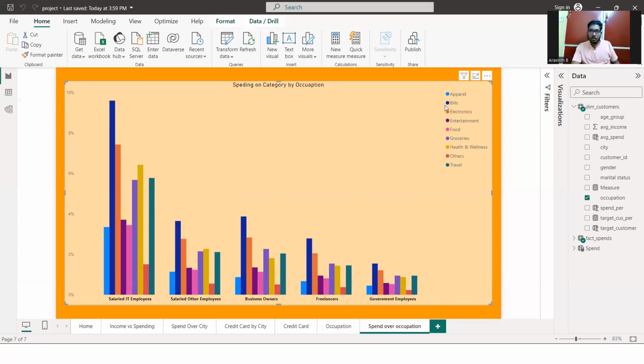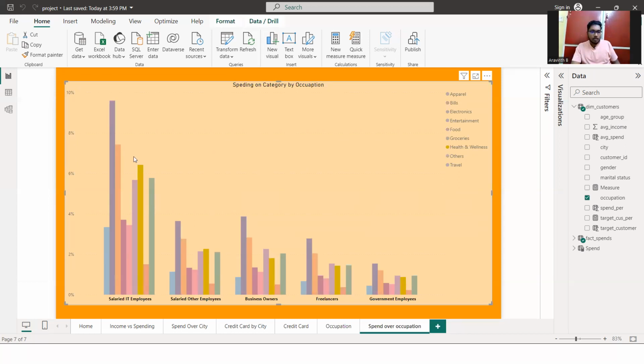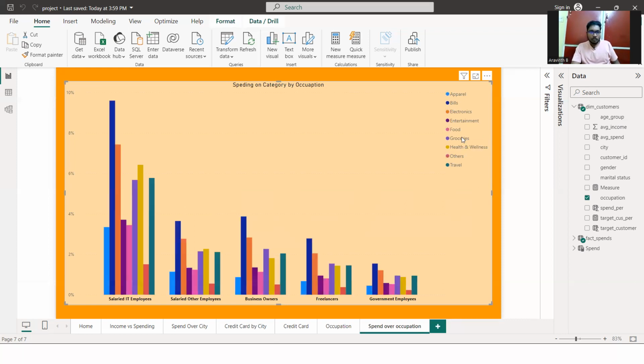Second is health and wellness, which people use their credit card for the most next to it. And grocery products come next.